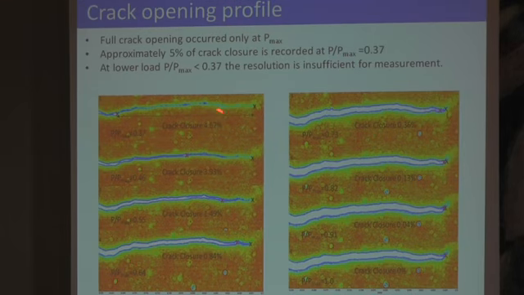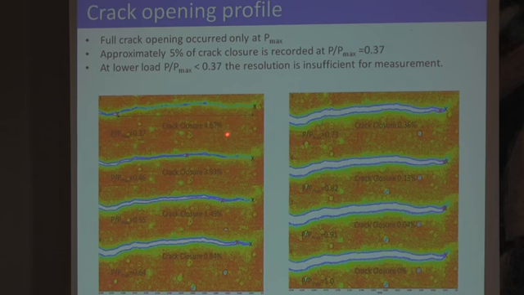Also, the crack opening profile was recorded here for the specimen surface. It was polished, and the closure was recorded. Here the red cross means the instantaneous crack tip, and here is the final crack tip.